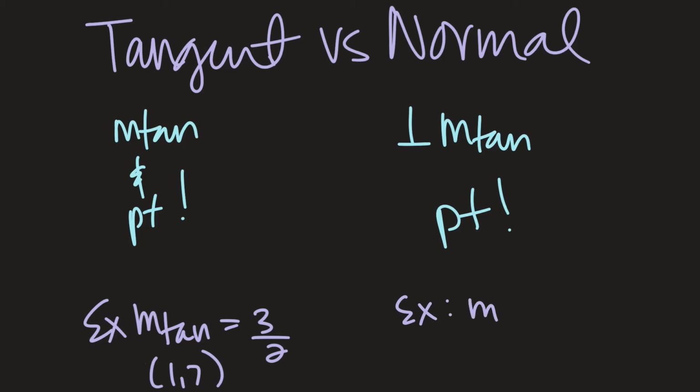We know that m perpendicular or m normal is going to be equal to negative 2 over 3 because perpendicular lines, remember, have opposite reciprocal slopes. So it's the opposite sign and the reciprocal, and you would use the same point and you would find the equation of the normal line. So not any more calculus work, just a little bit more algebra. The only calculus is knowing that the normal line is perpendicular to tangent. Outside of that, the rest is just algebra too.